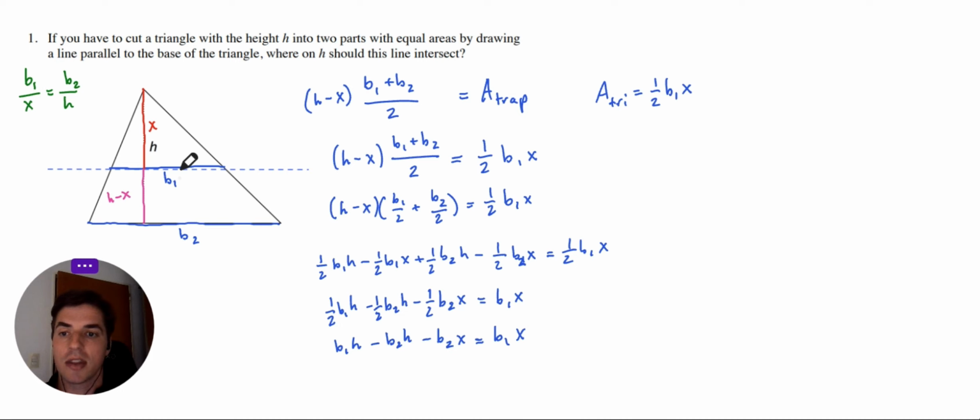We could also look at the relationship between these sides. So b2 over b1 would be in the same ratio as h over x. I'll put that here.